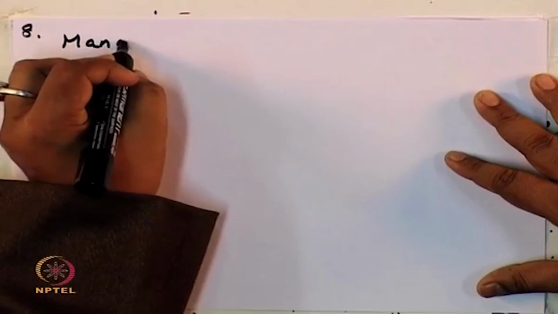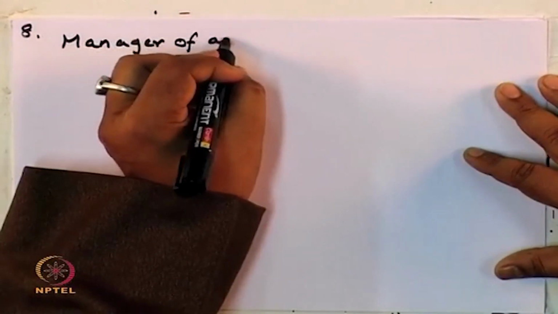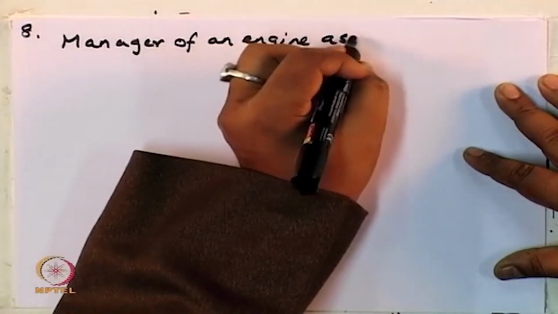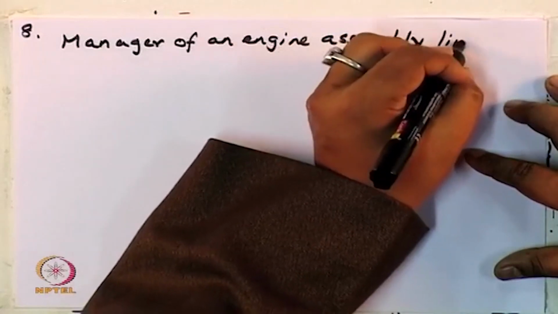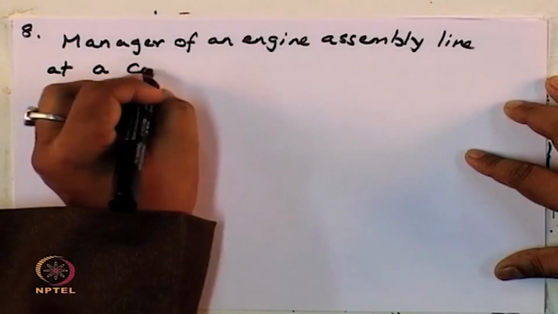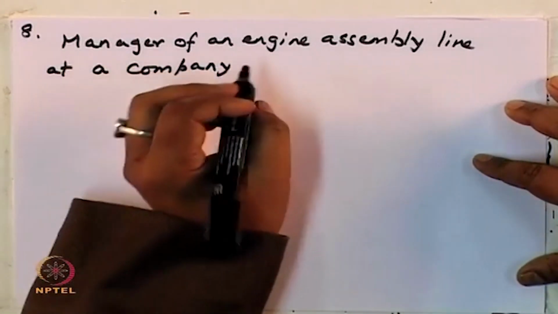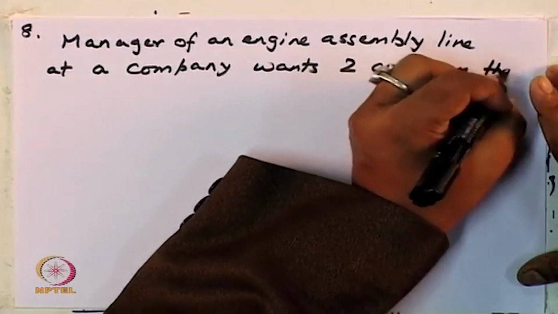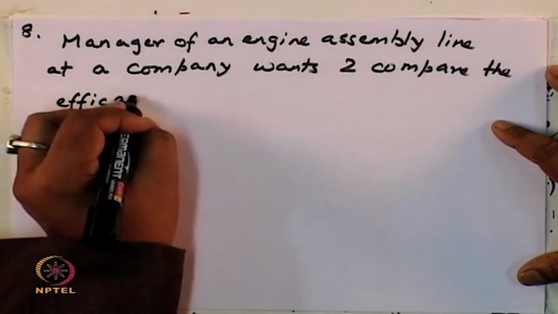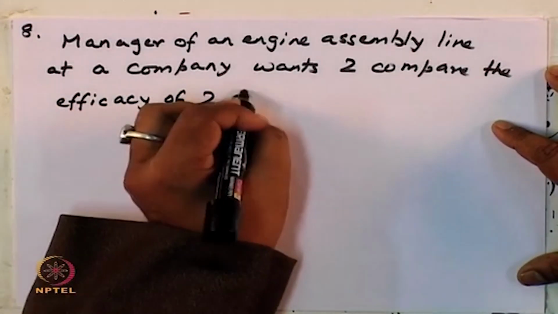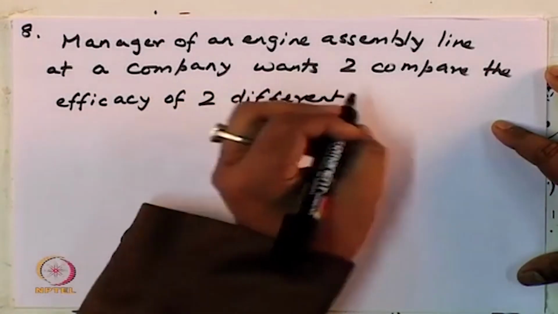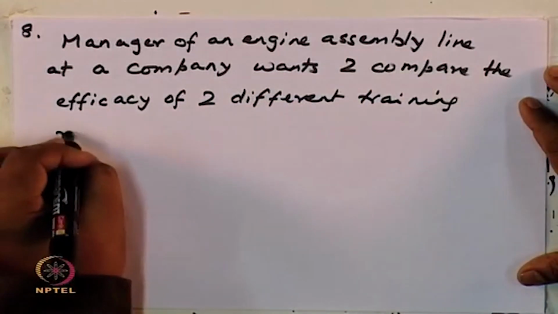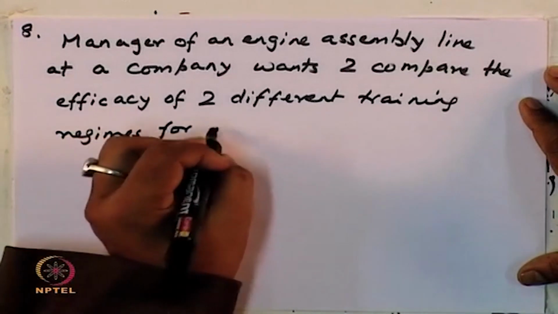So, this is how you can calculate the confidence interval and draw some conclusions about the statistics. Let us solve one more example. Imagine the manager of an engine assembly line at a company wants to compare the efficacy of two different training regimes for its staff.